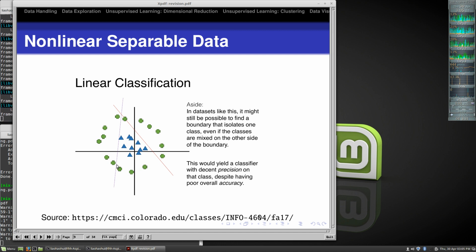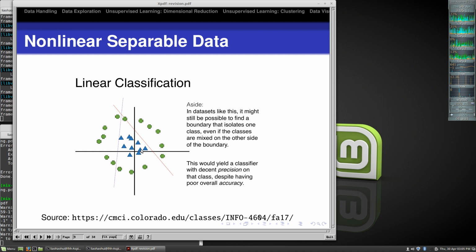But we will find that there are some data over here which we will not be able to predict well. If we can construct something non-linear, like say a circle over here, where those within the circle are negative and those outside the circle are positive, then we can have extremely high prediction accuracy.